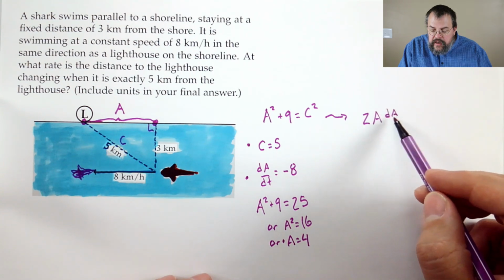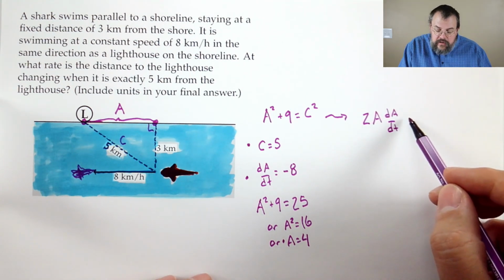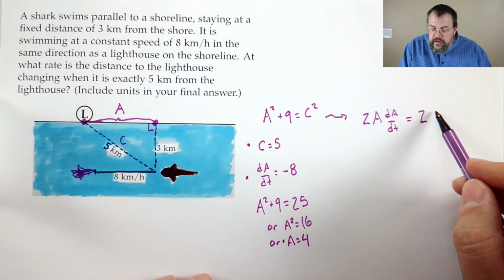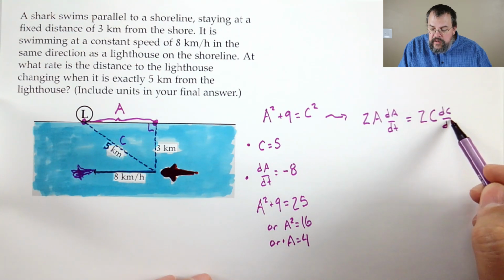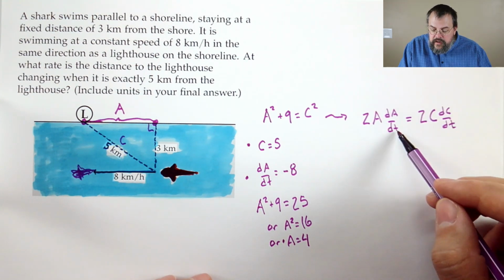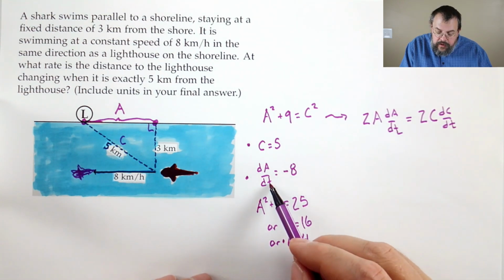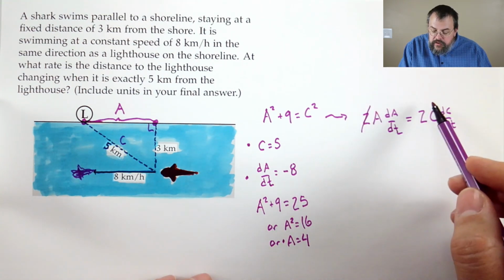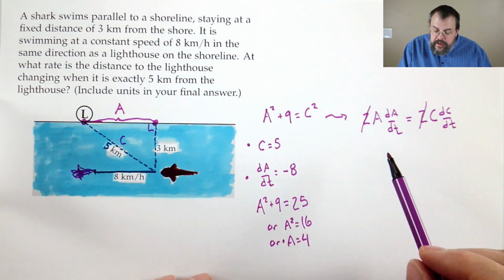2a dA/dt, the root of 9 is 0, is 2c dc/dt. All right, good. Well, now what? Well, we can cancel the 2's right away, and then we put in what we know.